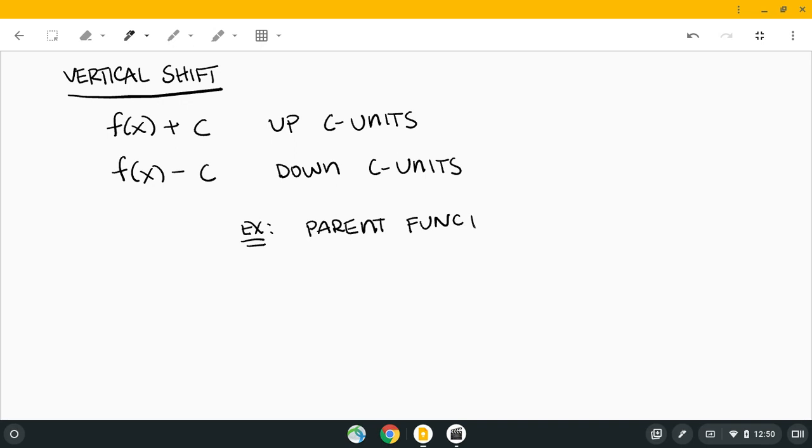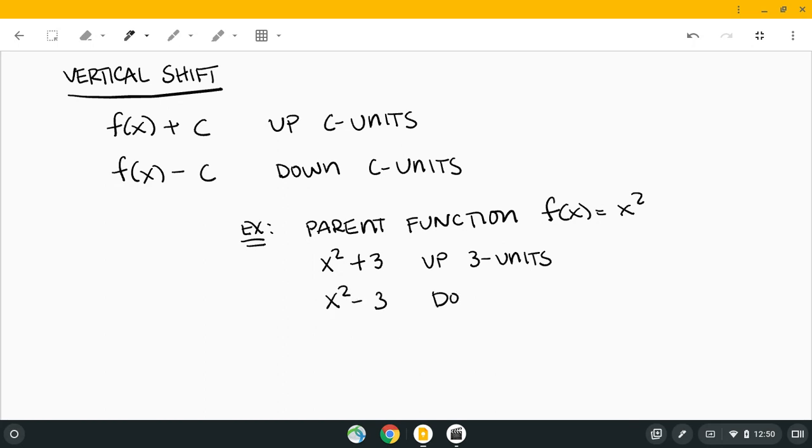So if you have this parent function, f of x, which is x squared, okay, that's your parent function. So if you do x squared plus 3, this would shift your parent function 3 units up. If you subtract 3, this would shift your parent function down 3 units.